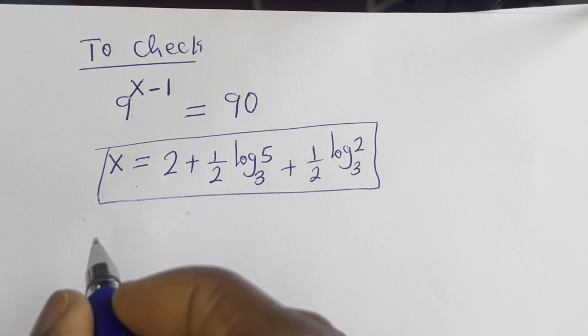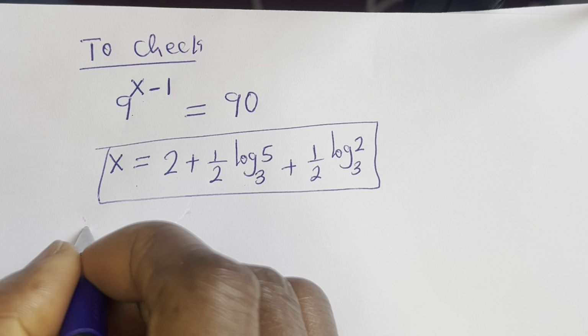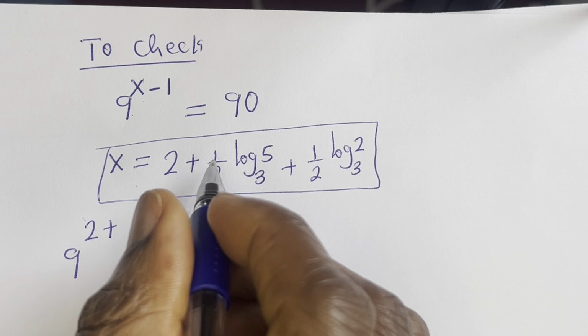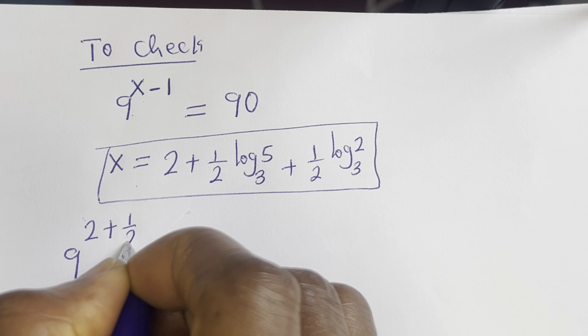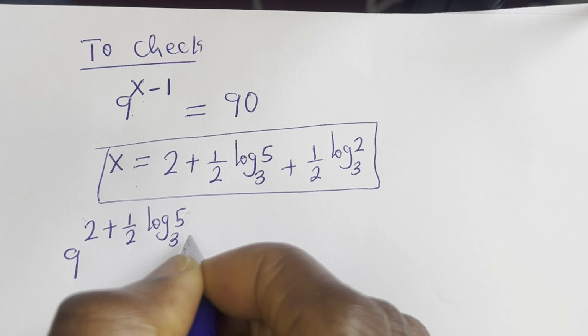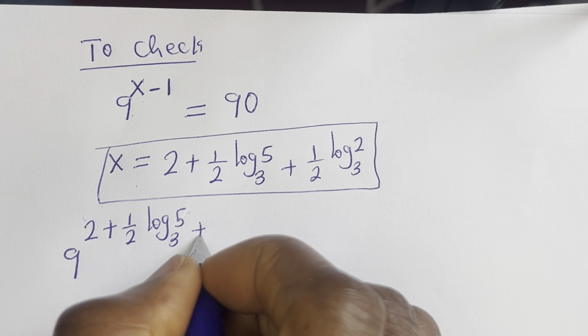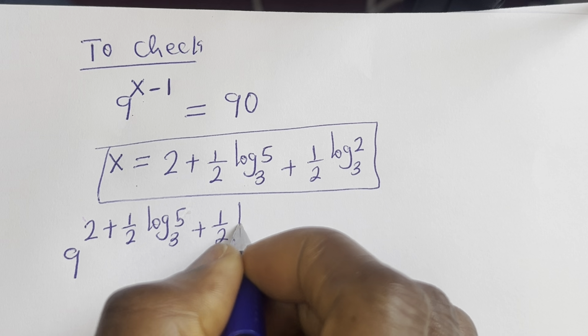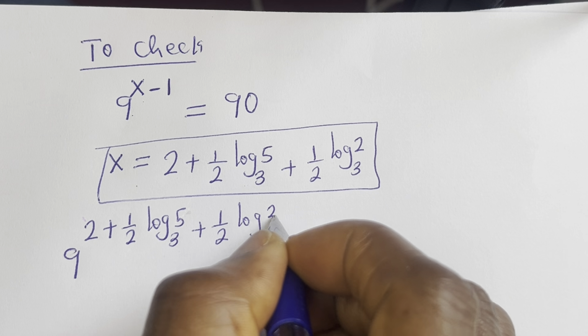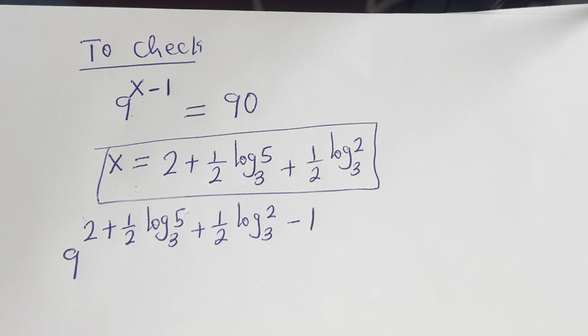Now here we have 9 to the power of 2 plus 1 over 2 log 5 base 3 plus 1 over 2 log 2 base 3, then minus 1.